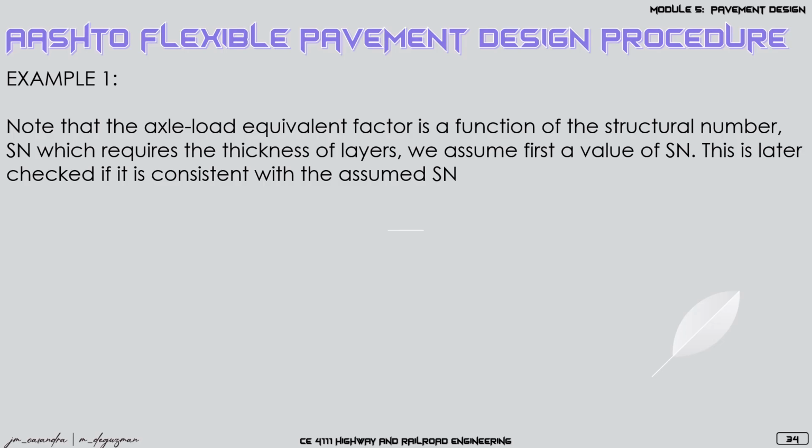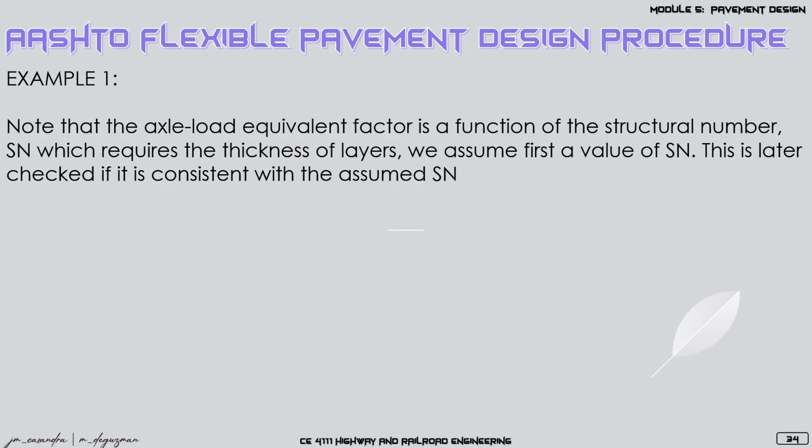And S sub n now will require the thickness of the layers. So in this problem, we are required now to solve for the thickness of the base, which is D sub 2. So therefore, we cannot solve Sn directly. So in this case, we have to assume first a value of Sn.